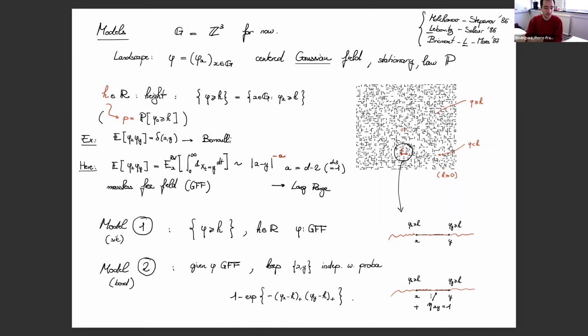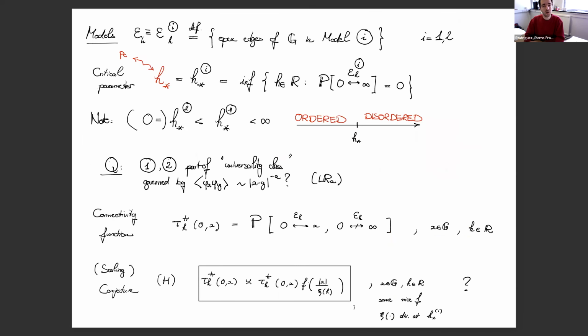I'm not going to go into details as to why this particular bond disorder is interesting, but if you ask me, I can explain that at the end of the talk, for instance. All right. So now I just want to rephrase the questions I was asking for these 2 percolation models. So here it goes.